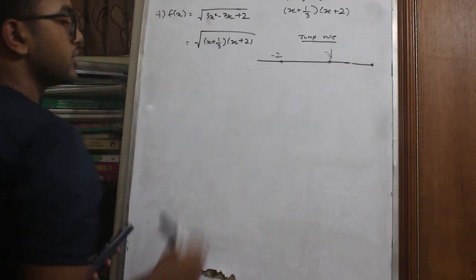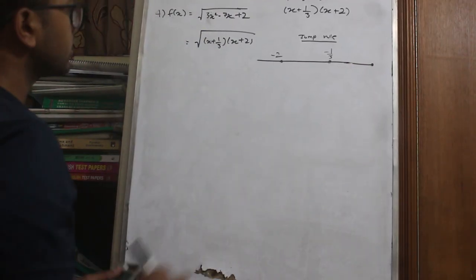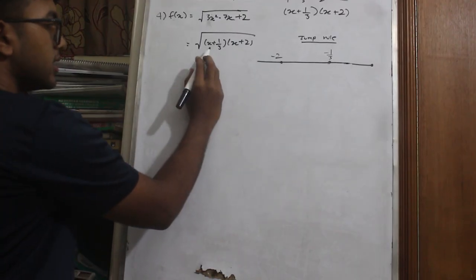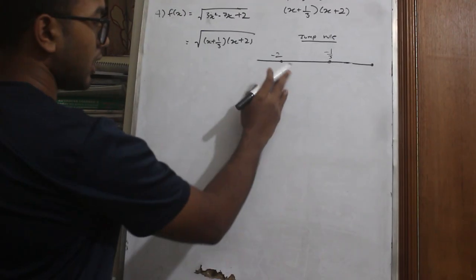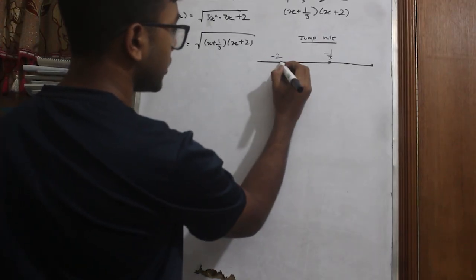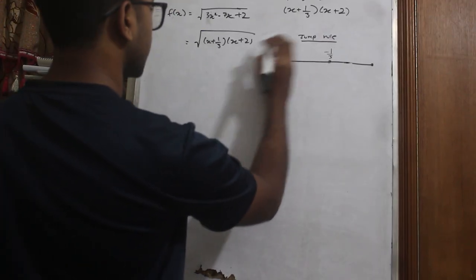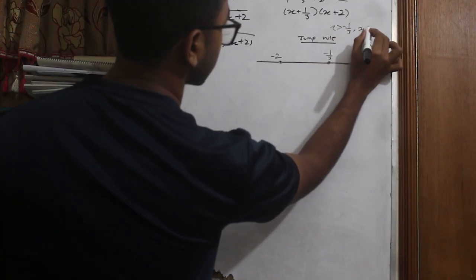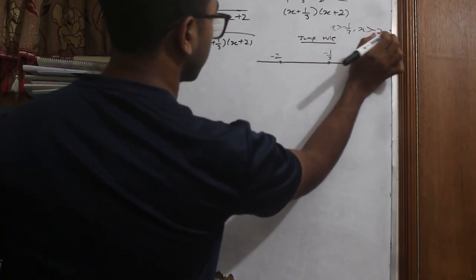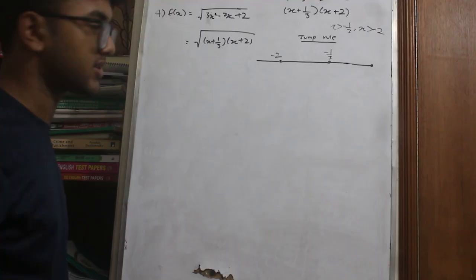Now, what is the condition on roots, if we can remember again? The condition for roots is that it has to be greater or equal to 0. So our numbers here have a dot on them because they're included. So x has to be greater than minus 1 by 3. X has to be greater than minus 2. But wait, that doesn't make sense.